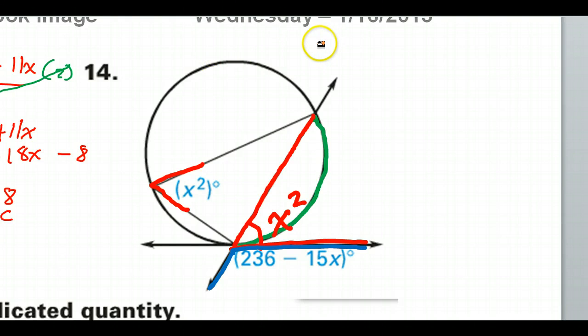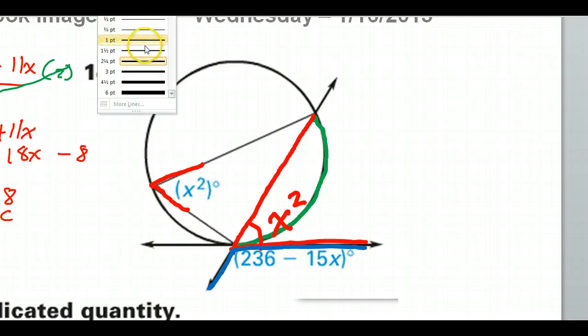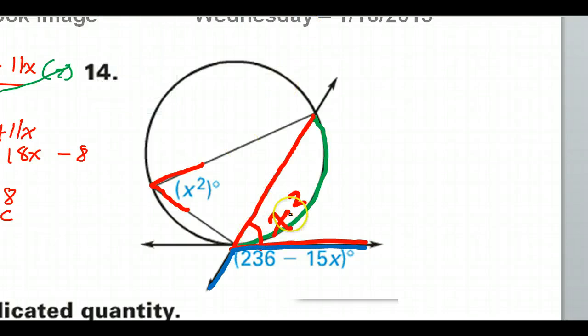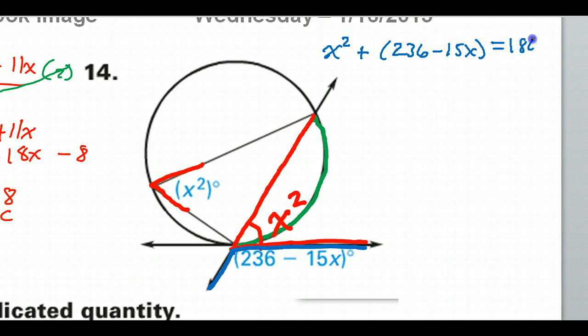I'm just going to say that this plus this equals 180. They have to add up to 180. So that means x squared plus 236 minus 15x has to equal 180.